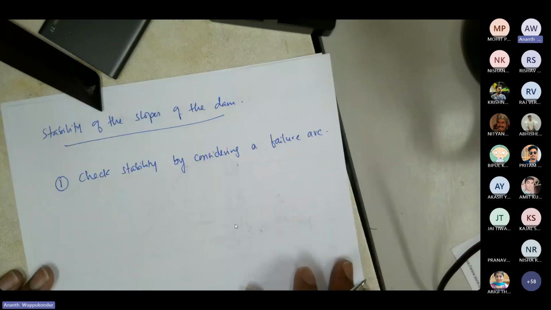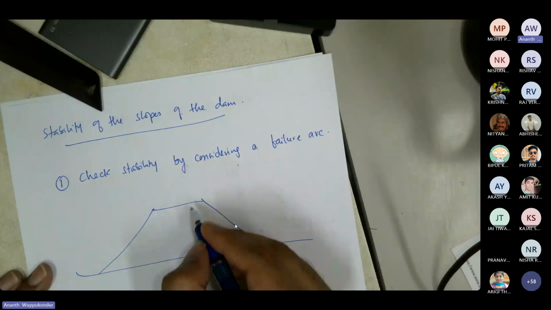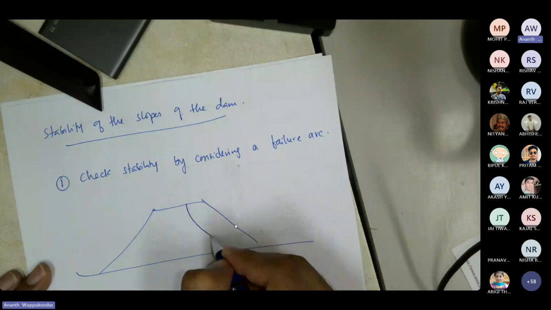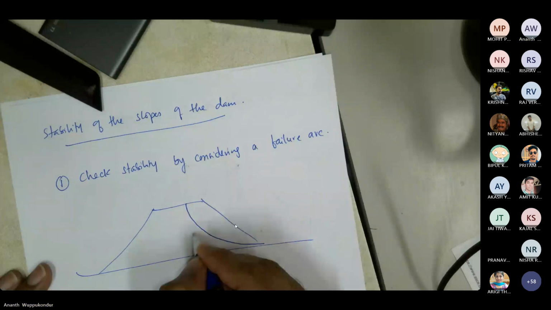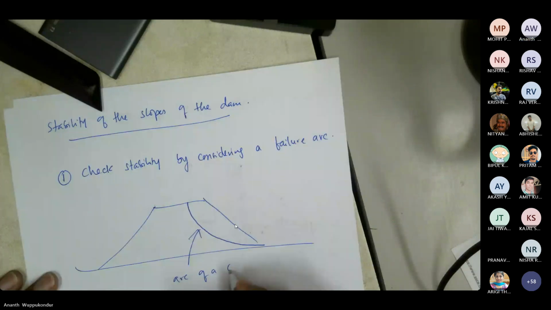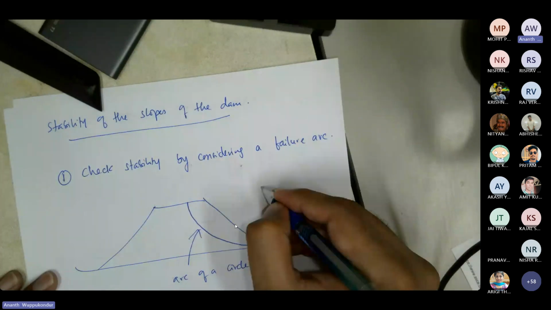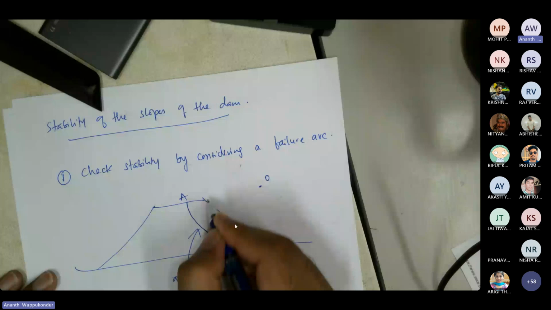So what we assumed was, if this is our embankment dam, we assume that the failure slope is going to be something like this, which is an arc of a circle, with its center at O, and then this is our point A, this is our point B. So A and B are at a distance of R.